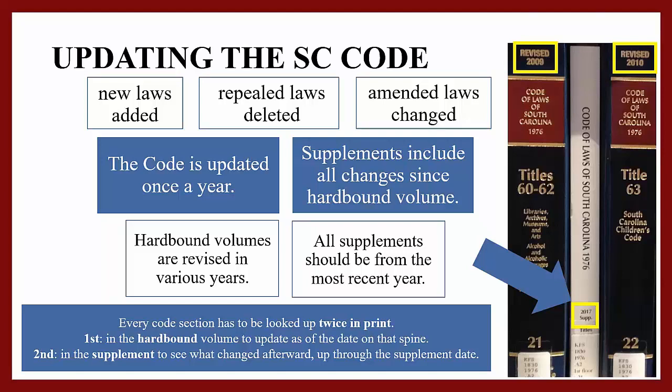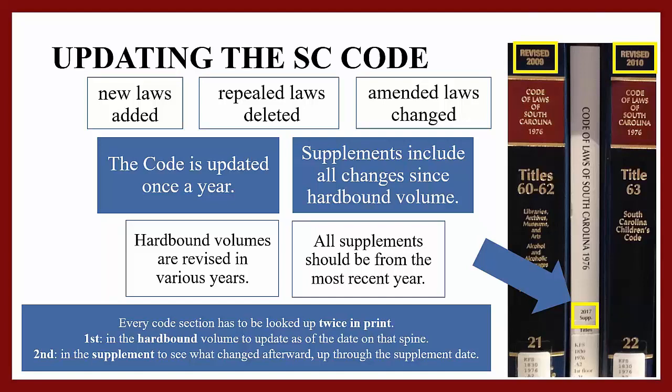So let's say that you look up a code section and you find it in the volume on the left here that was revised in 2009. You do find it in that hardbound volume. And then you look it up again in the supplement and you don't see it there. That does not mean that it was repealed. That means it didn't change. If it was repealed, it would say repealed in the supplement.